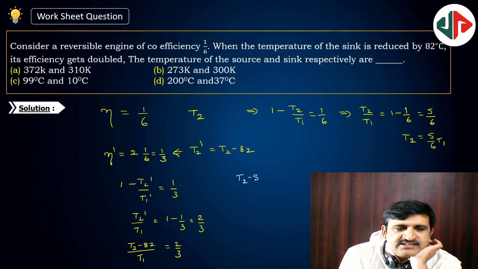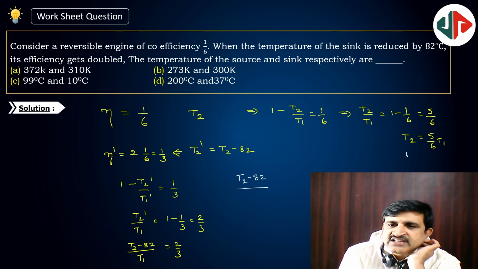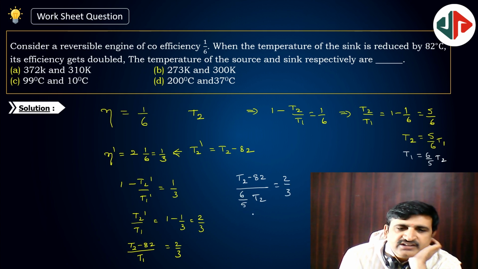T2 minus 82 by T1. T1 is equal to 6 by 5 T2. So T2 minus 82 over 6 by 5 T2 is equal to 2 by 3. Now cross multiplication: T2 minus 82 is equal to 2 by 3 into 6 by 5 T2.